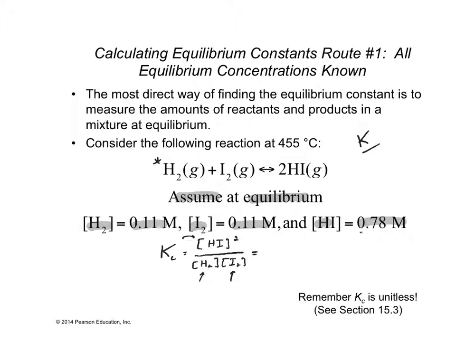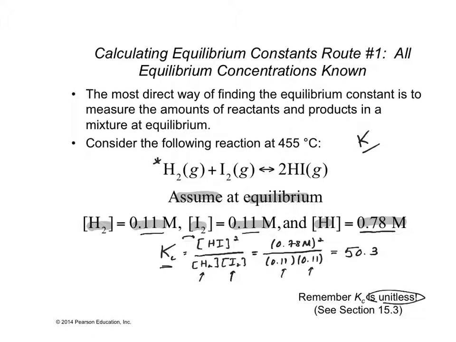HI is this guy, so this is going to be on top, 0.78 molar squared divided by the concentration of H2, which is 0.11, and then the concentration of I2, which is also 0.11. So multiply, divide, and we end up with a number of 50.3. Again, we're solving for a K. Just remember that K, regardless of what we put into it, even though we put molarities into it, is unitless.